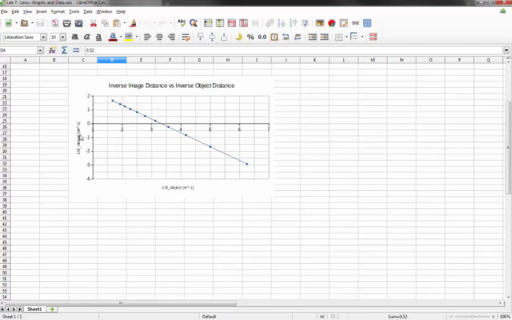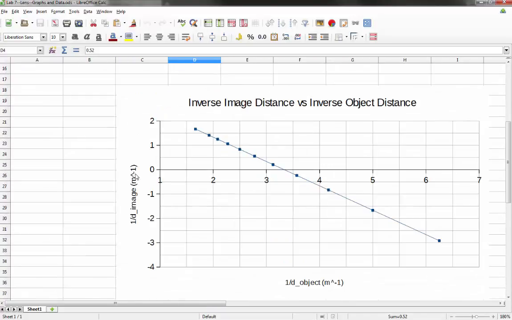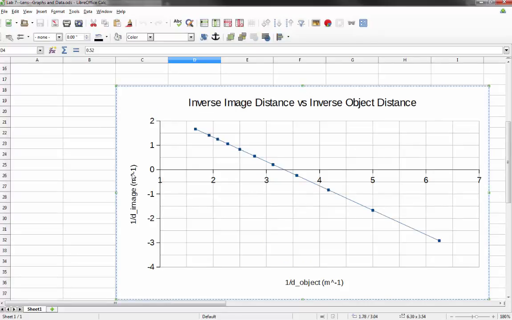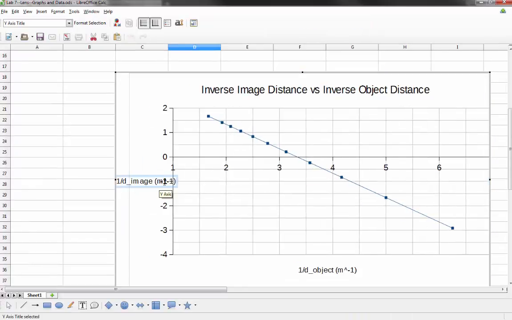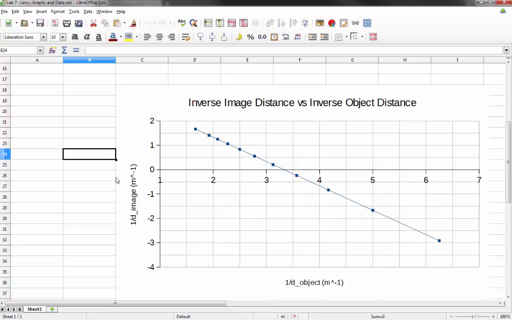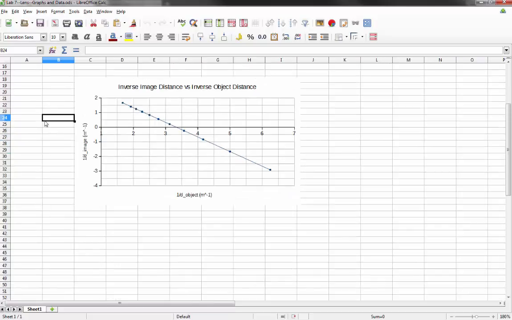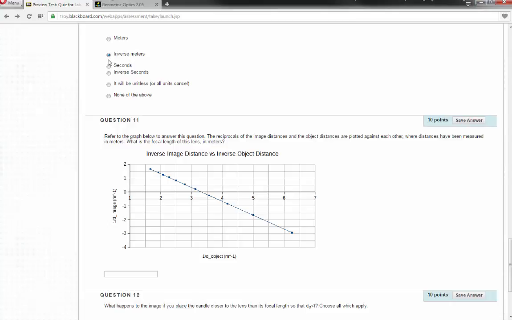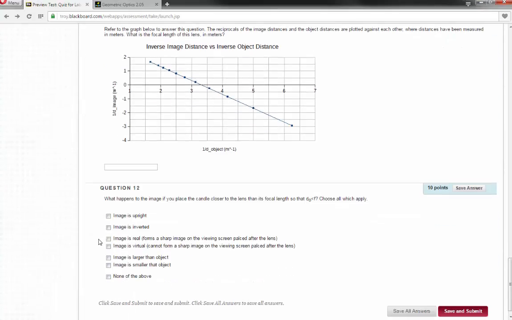You can see that there is in fact a minus 1 in these units here. So if I put a little space in, you can see the minus 1. Okay, so that gives you the units that go with that particular graph, both for the y-intercept and for the x-intercept.